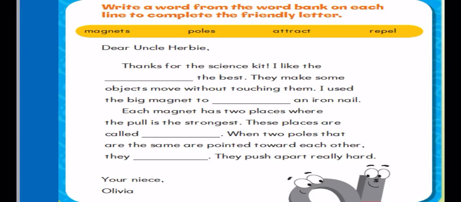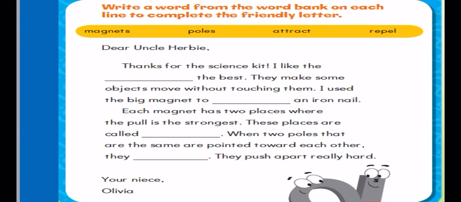Dear Uncle Herbie, thanks for the science kit. I like the best. They make some objects move without touching them. Oh, this is a hint. So, who makes some objects move without touching them?